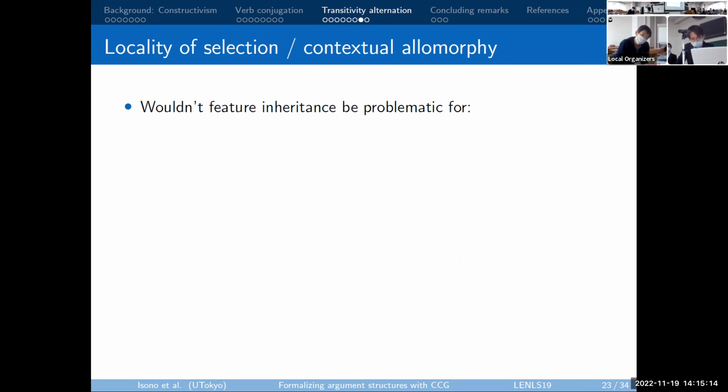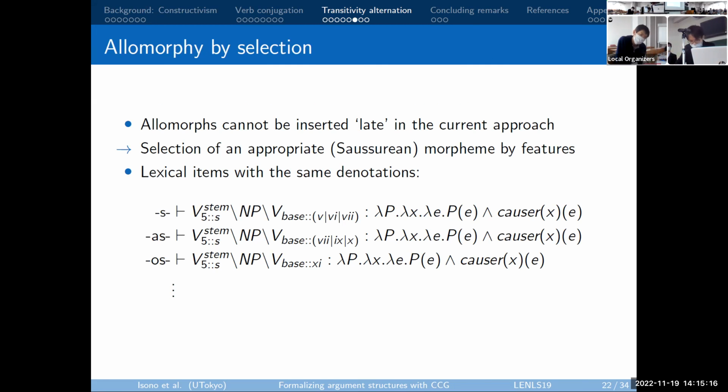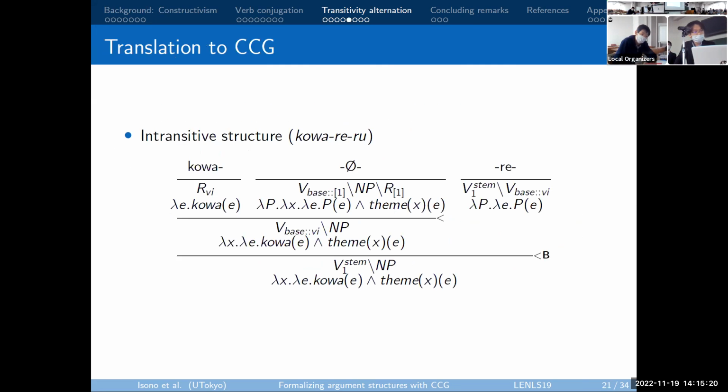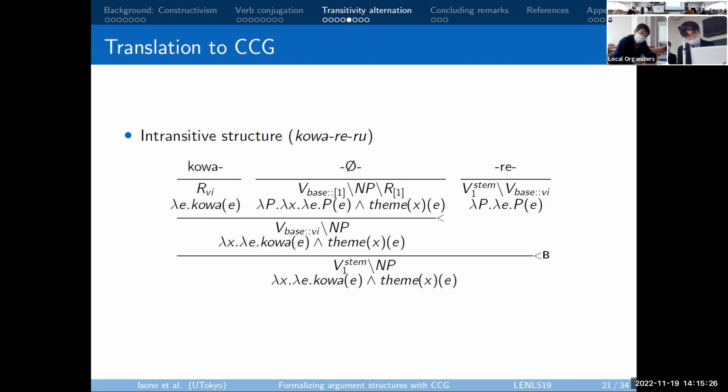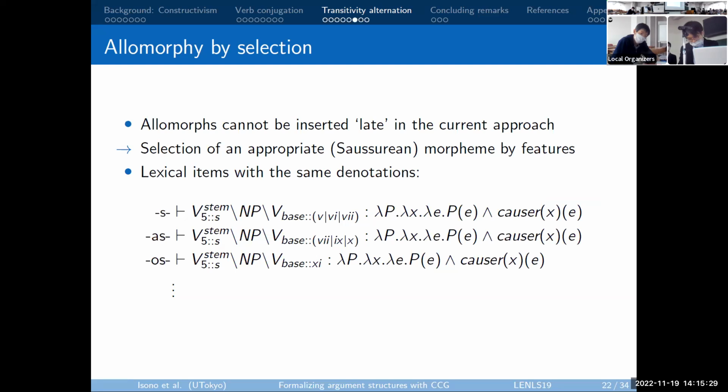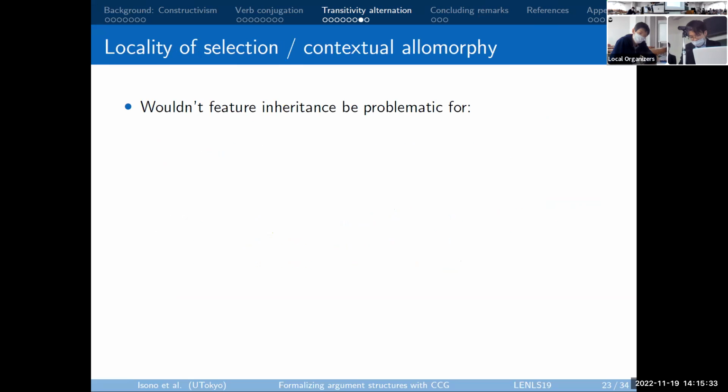However, one may ask, anyway, feature inheritance is necessary to account for the contextual allomorphy in transitive alternation, because you have to make the root feature be inherited to the next level. But one might wonder if it would be problematic for the observation that there are some locality constraints on contextual allomorphy.